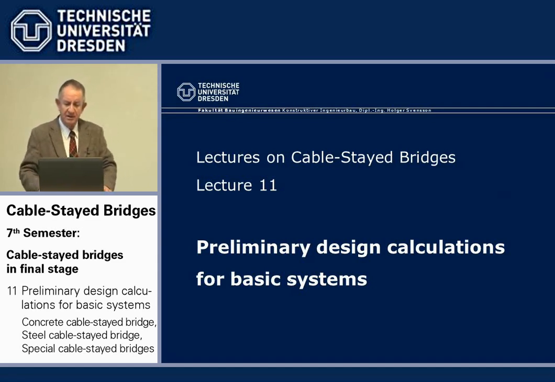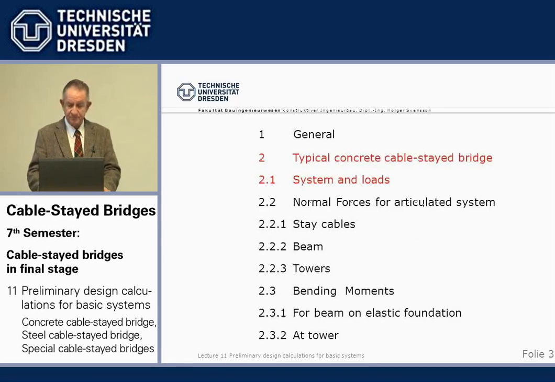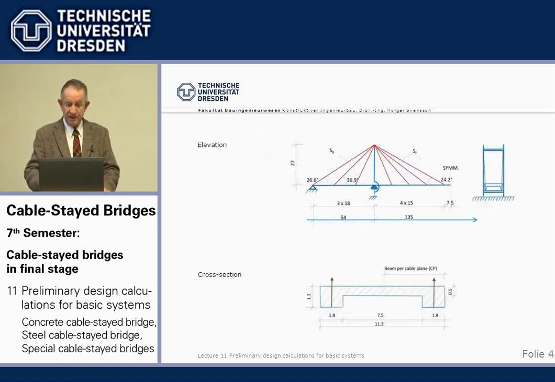We will talk basically about a typical concrete cable-stayed bridge, the preliminary design, and a typical steel cable-stayed bridge. It differs in the determination of the moments under permanent loads. Now, we start with a typical concrete cable-stayed bridge and look at the system.